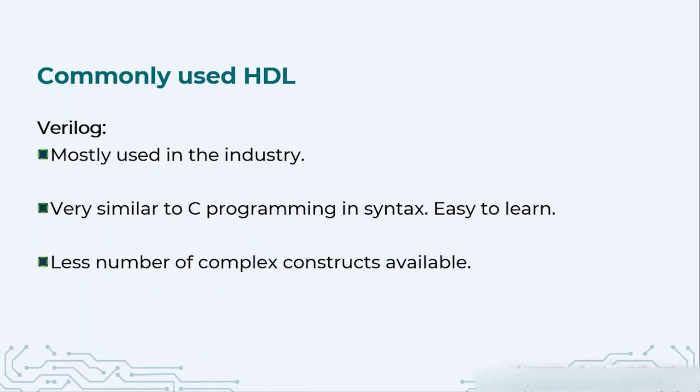This programming language has a smaller number of programming constructs and this makes it ideal for beginners. Without getting into the complex constructs, you can write very simple codes. So these are the properties of Verilog.